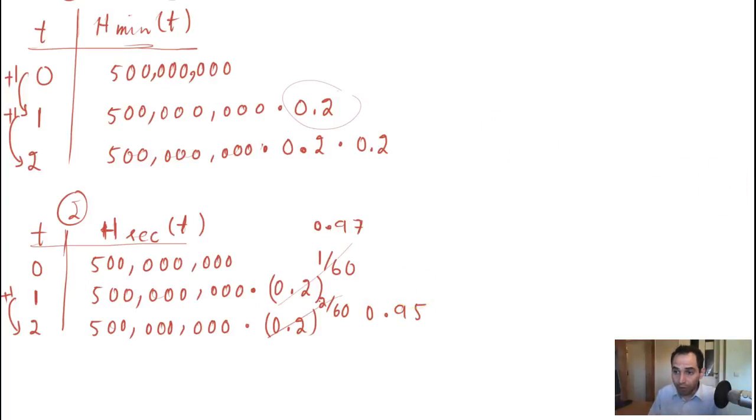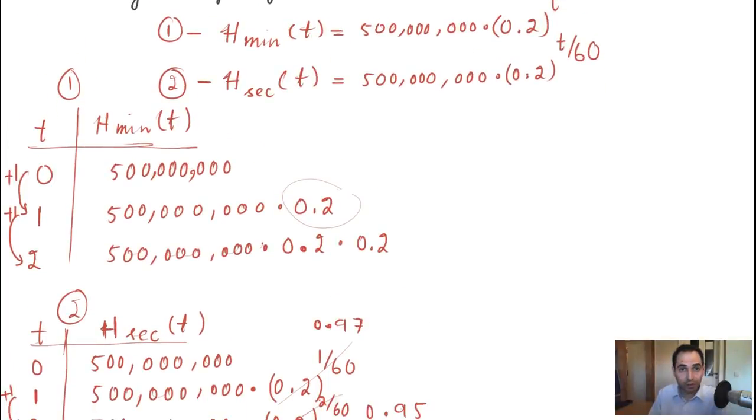So in order to know that, what you can do is take this function number 2, which is 500 million times 0.2 raised to the power t by 60, and rewrite it. Let me do something else.